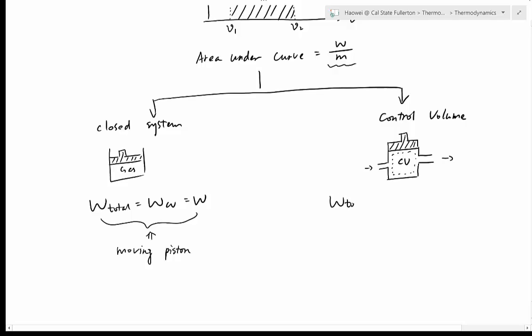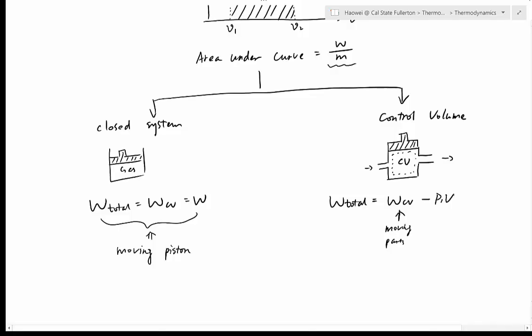First of all, you have total work. And then remember in our previous lectures, for control volume, W total has three parts. The first one we call WCV, which comes from the movement of the piston, so we can just say it comes from the moving parts. And then in addition to WCV, you have two more terms. What are they?